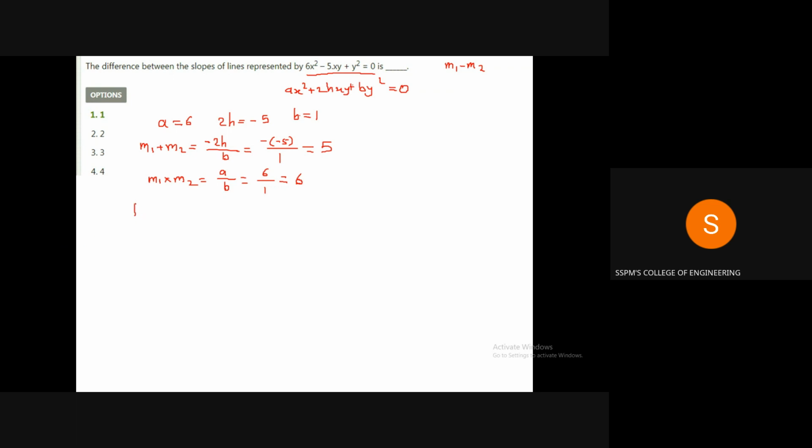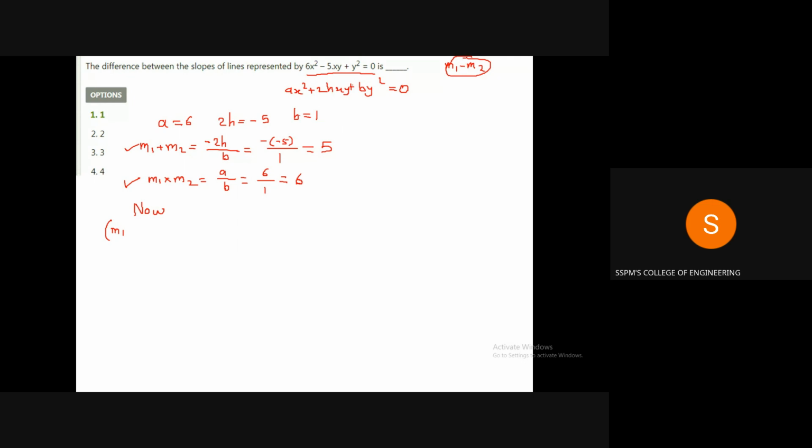Now you have to remember one more formula, which you have already used. Just now we have m1 plus m2 and m1 into m2, but we have to find m1 minus m2. So we need to find a relation between these three terms.